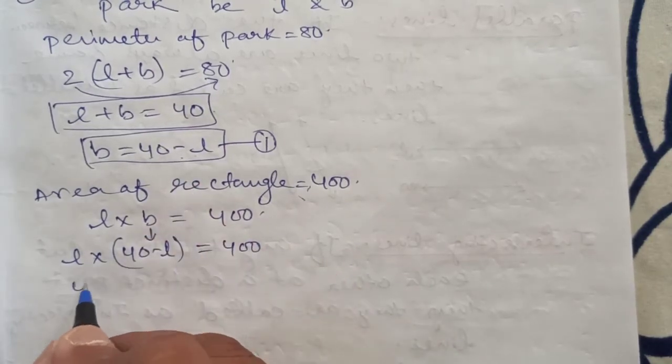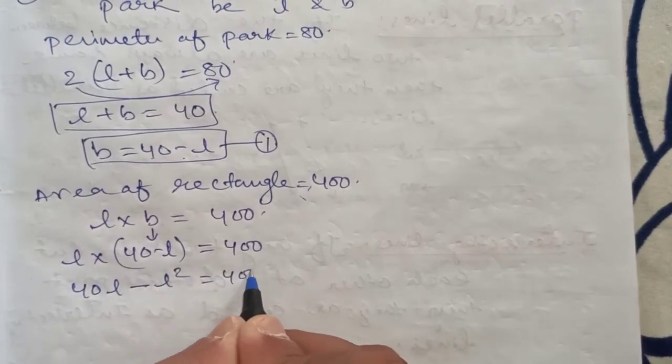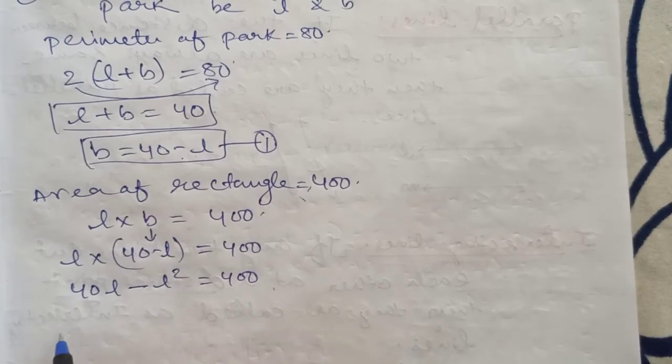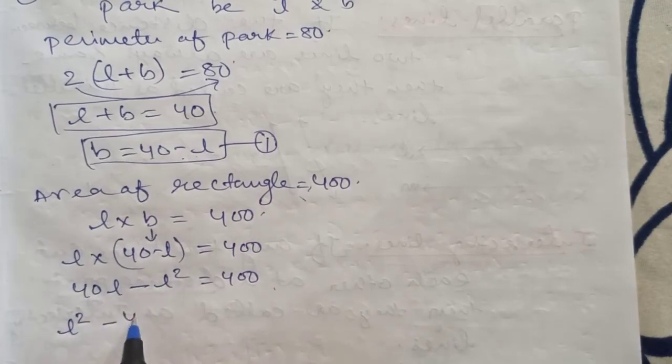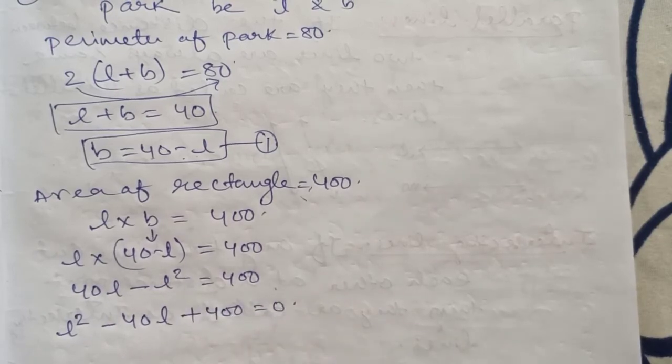Now 40 into L, 40L minus L into L, L square equals 400. Bring both the terms to this side because L square is in negative sign. So we will get L square minus 40L plus 400 equals 0.